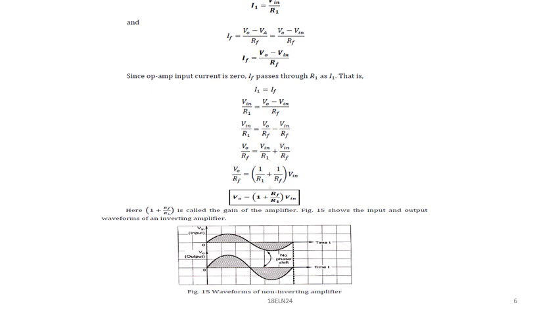And again, there is no current entering into the op-amp. The current entering the op-amp is 0. Therefore, your input current and feedback current are the same. If I apply KCL, Kirchhoff's current law, to node A, then I1 is equal to IF.